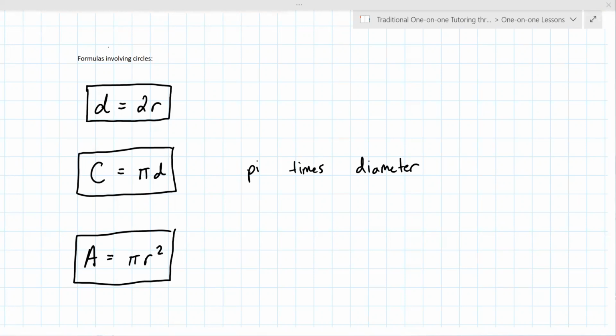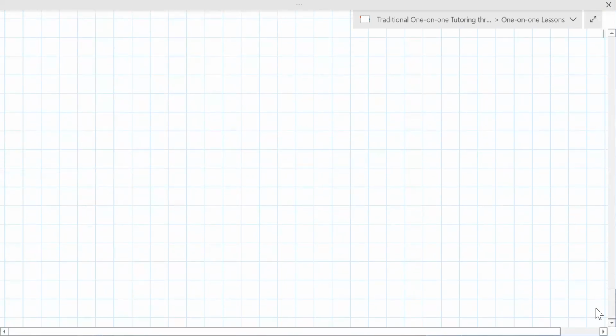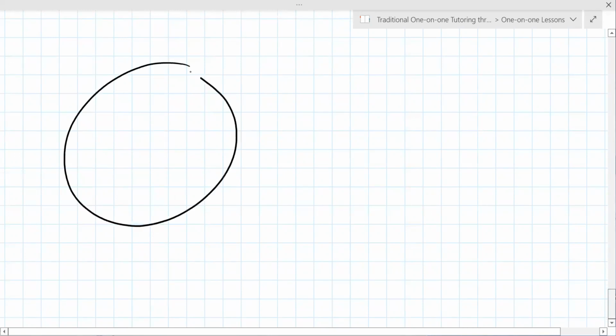Okay, so we've probably got time for one question here. So here's a circle. Circle O, and it has a radius equal to 6 centimeters. The first question for you is, what is the diameter?